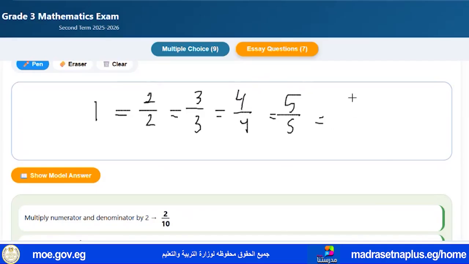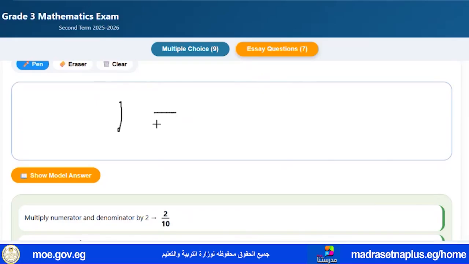How many tenths? 10/10. Okay, so 1 whole equals 2 halves, 3/3, 4/4, 5/5, and so on. Sometimes I ask you, how many eighths in 1 whole? 1 whole equals 8/8.